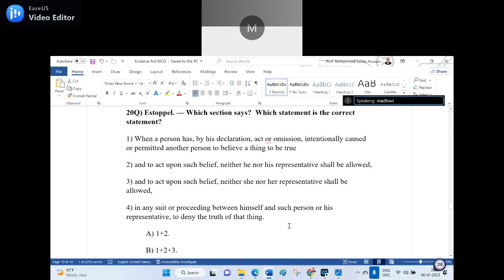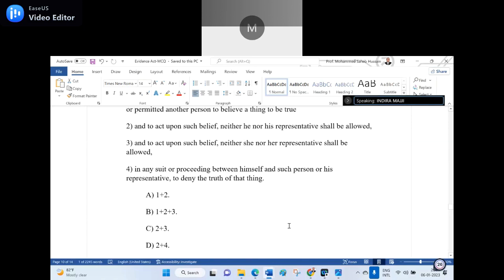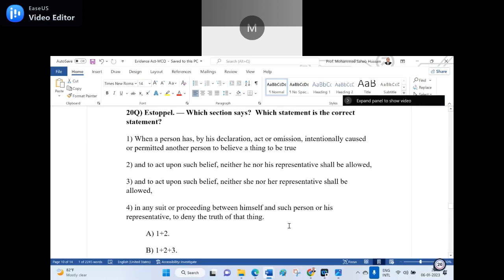Option D, 2 plus 4, sir. You are right. But can you tell me what is wrong in 1 and what is wrong in 3? Neither she nor her. Yes.